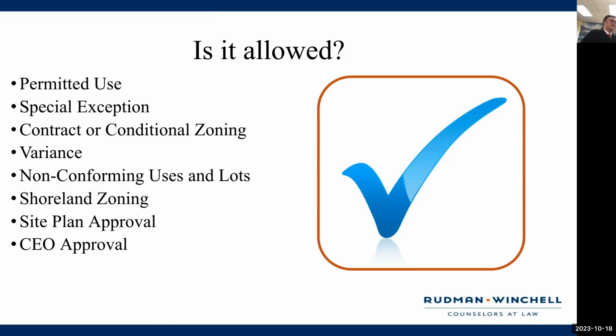This is basically that you have built in certain performance standards or conditions or criteria that a board evaluates to determine if they are or are not going to allow this particular project. So this is something that would typically be before a planning board, whereas you would see CEO approval typically for something that's permitted, subject to CEO approval, and they're just confirming that certain non-discretionary standards like dimensional requirements and things of that nature are met.